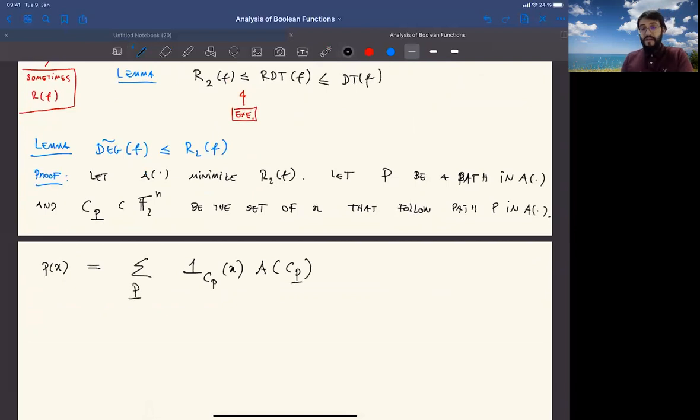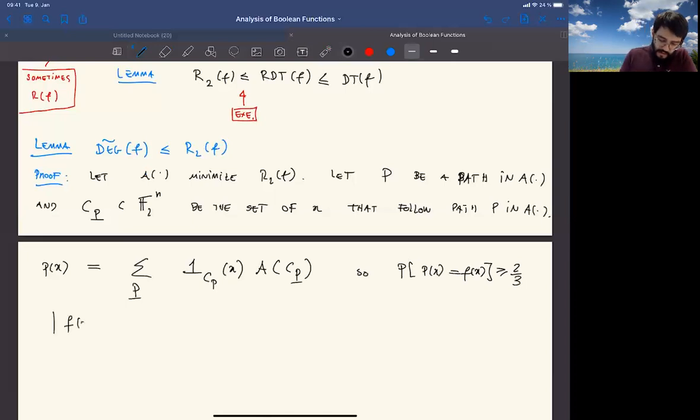So this is actually a random polynomial. And what we know is that P of X is what A is doing. So by definition, the probability of P of X being equal to F of X is greater or equal than 2/3, because P of X is just mimicking what A does.